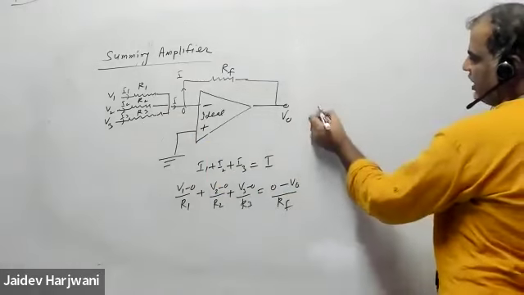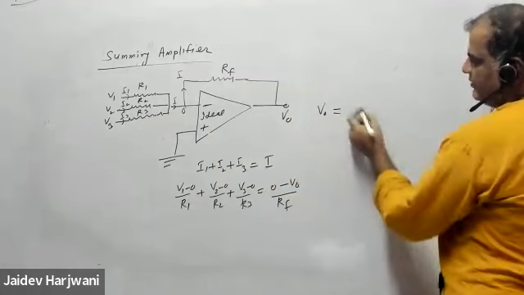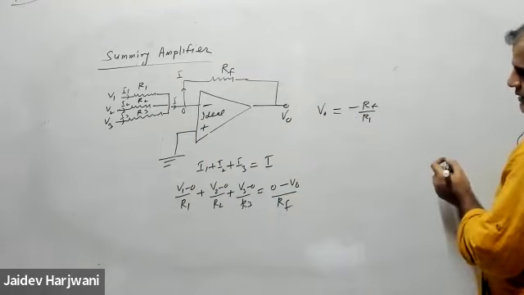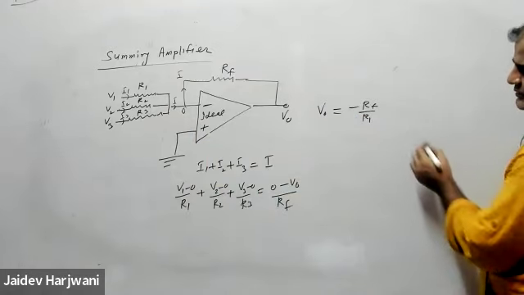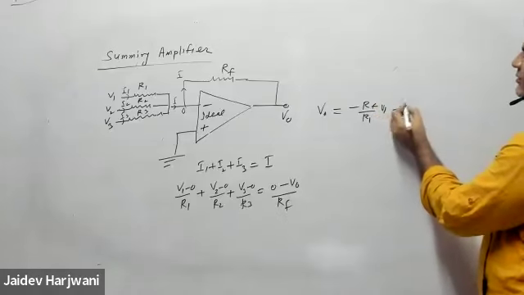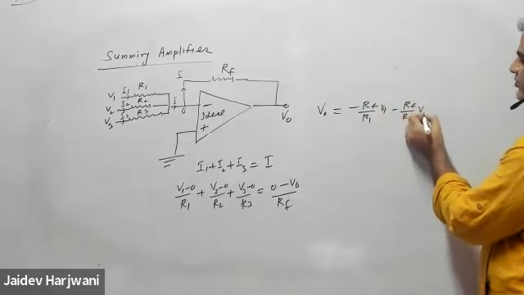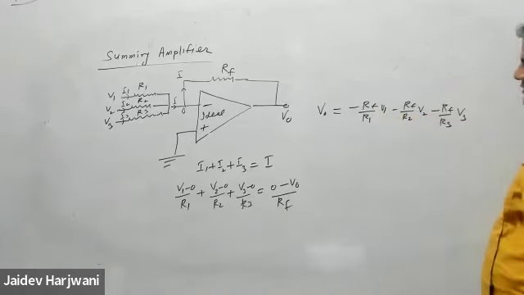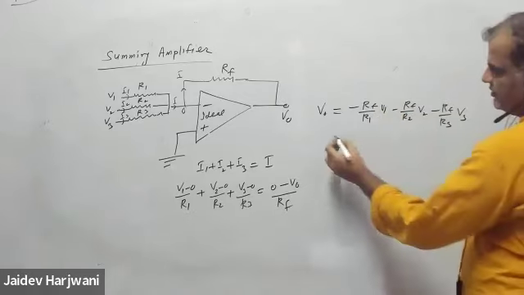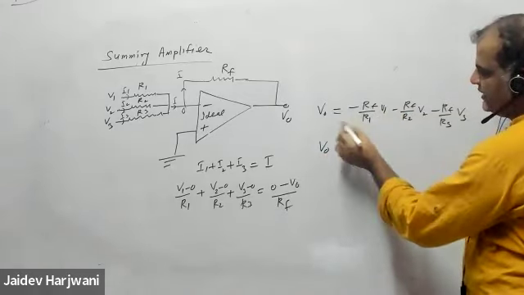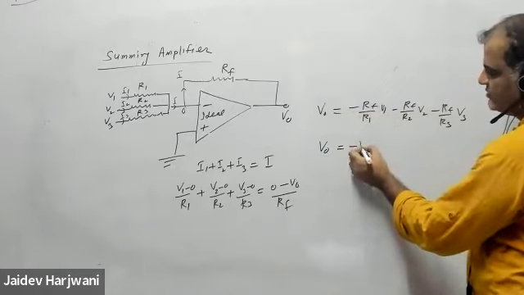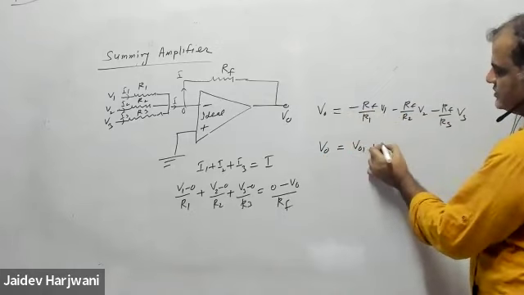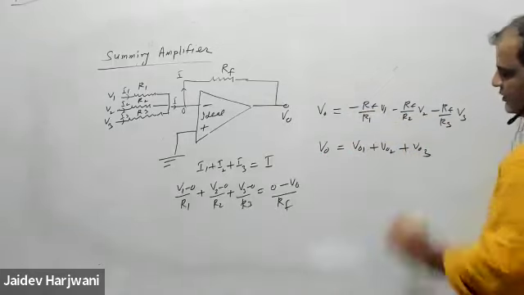So my V0 formula will become minus RF upon R1 into V1, minus RF upon R2 into V2, minus RF upon R3 into V3. This is nothing but the superposition principle. I can write this as V0 equal to V01 plus V02 plus V03.